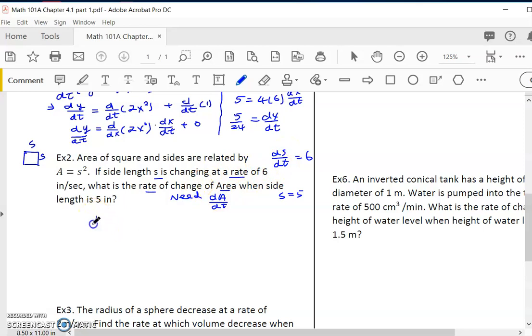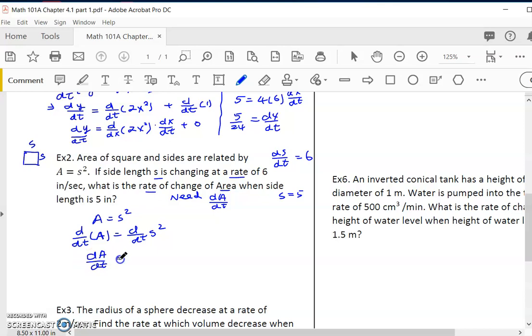We have that already: A is equal to S squared, but they do not relate to time. T doesn't show up here. So we'll do d/dt on both sides, of A and of S squared. The left side becomes dA/dt right away.